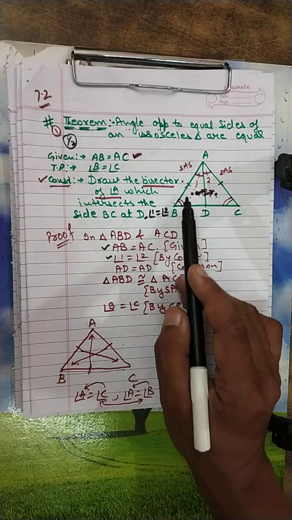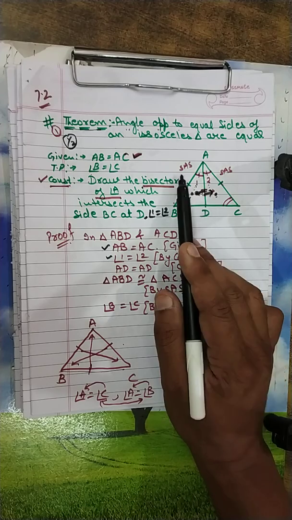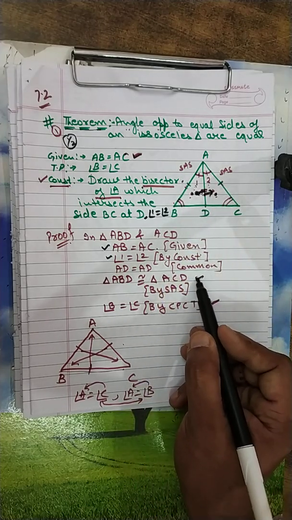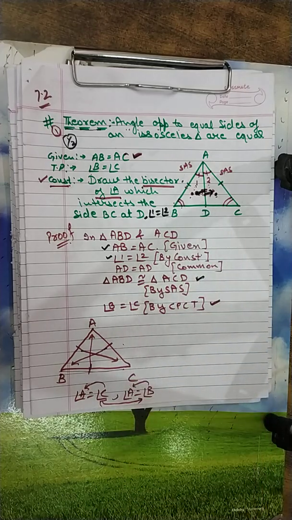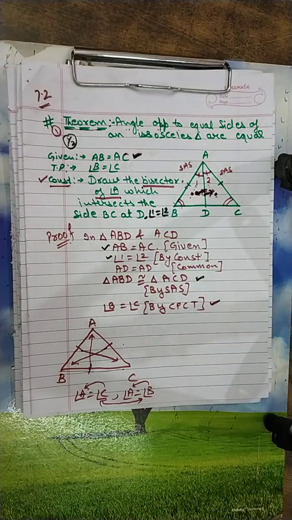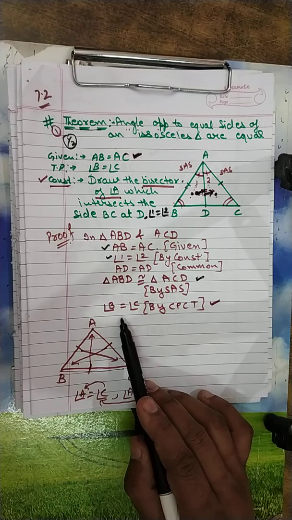So what is the property? Side angle side. By SAS, both triangles are congruent. If both triangles are congruent, then angle B equals angle C. Hence we proved that if two sides of a triangle are equal, then their opposite angles are also equal.